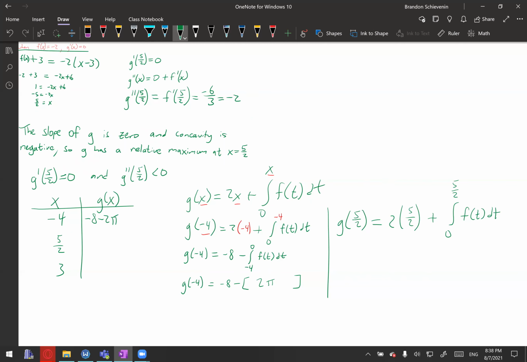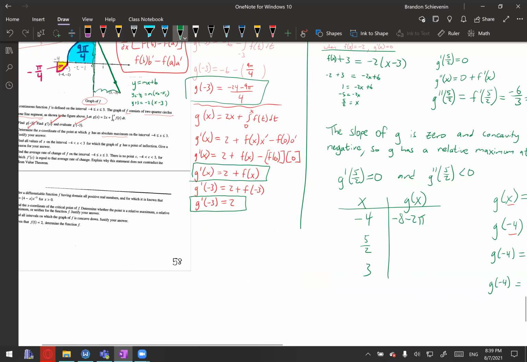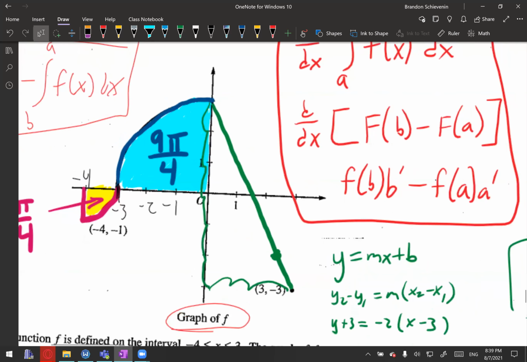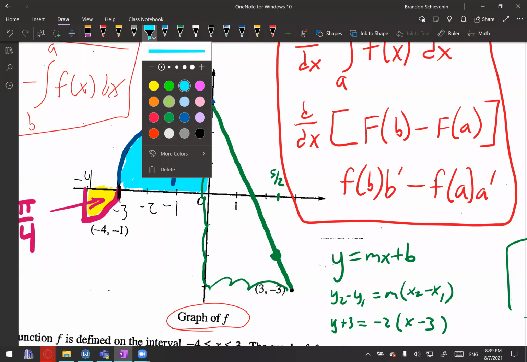Okay, Maxon, I'm going to stick to you for this. So g at 5 halves is going to be this equation. I've got g at 5 halves being 5 plus our integral here that I'll need to substitute for. So I need the area underneath the curve from 0 to 5 over 2. Okay, I'm going to break this up into 2 areas just like we did last time.